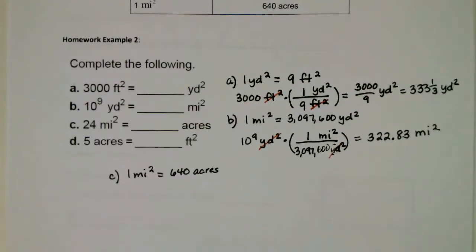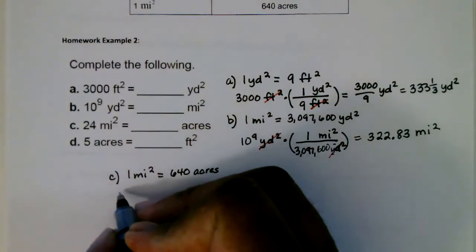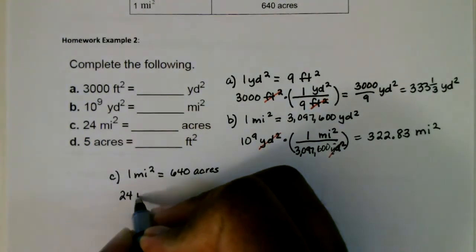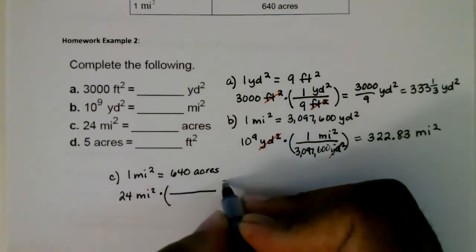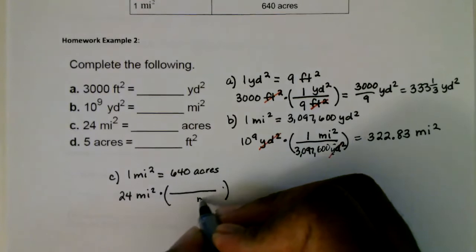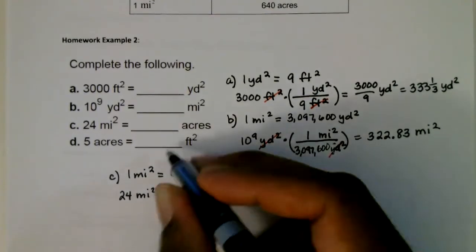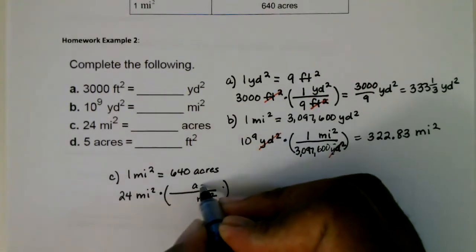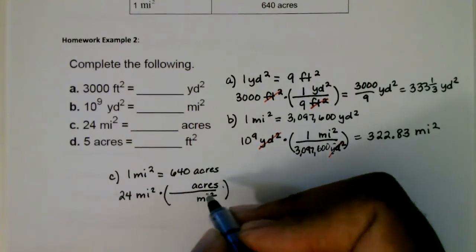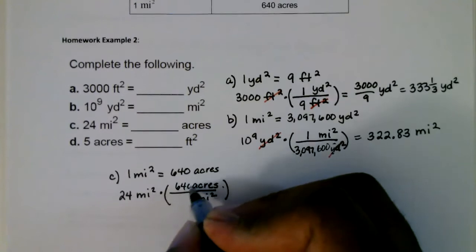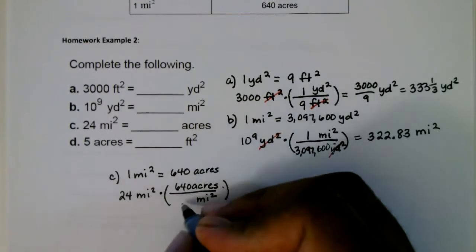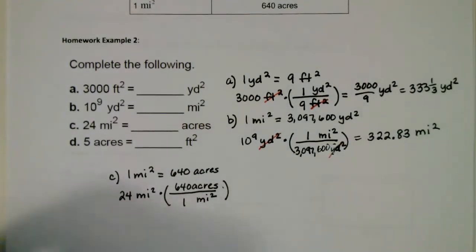So in this case here, we're going from 24 square miles to acres. So what we're converting from goes in the denominator. We're converting from square miles to acres, so acres has to go in the numerator. Let's see here. 640 acres means that the 640 goes in the numerator, and that's equivalent to 1 square mile. That means the 1 has to go in the denominator.